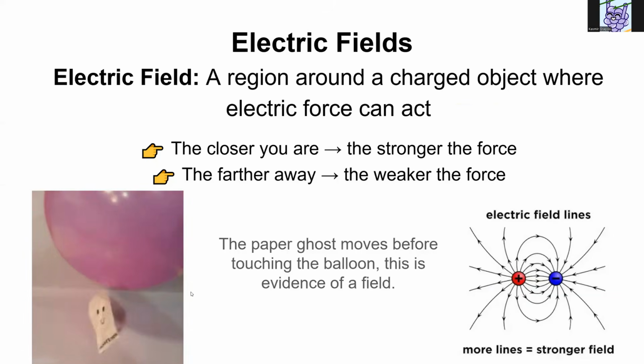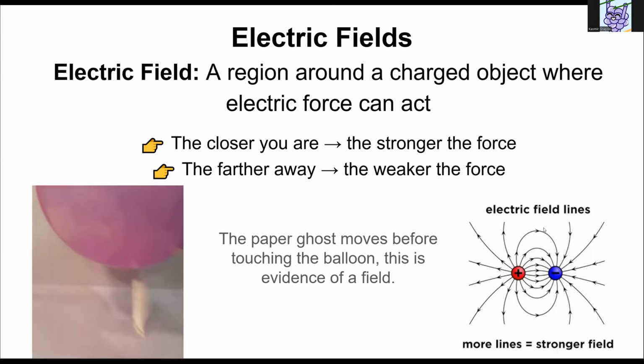This is evidence of an electric field, right? There's no touching, but you see movement. For electric field lines, the more lines you have in an electric field diagram, the stronger the field. And you can see you have your positive and negative charge for the electric fields.